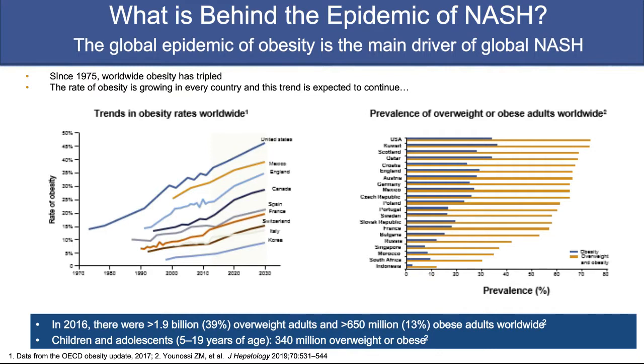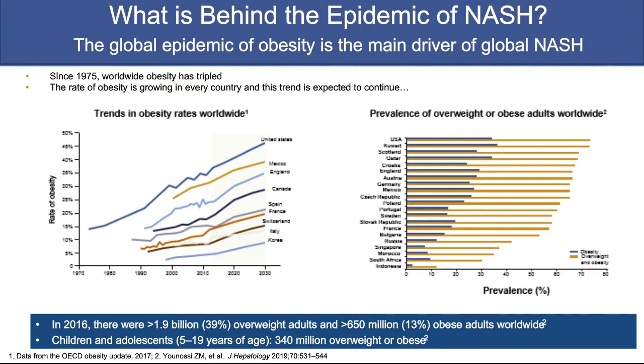And of course, obesity not only causes a number of complications, but it's also associated with higher mortality and significant economic burden. The hepatic manifestation of obesity, type 2 diabetes, and other metabolic conditions is non-alcoholic fatty liver disease.